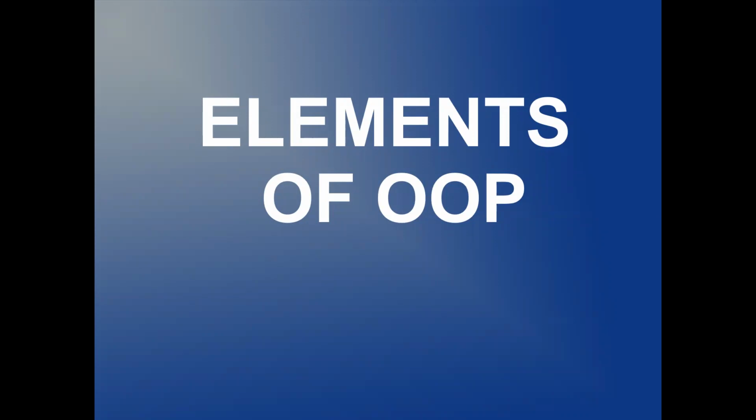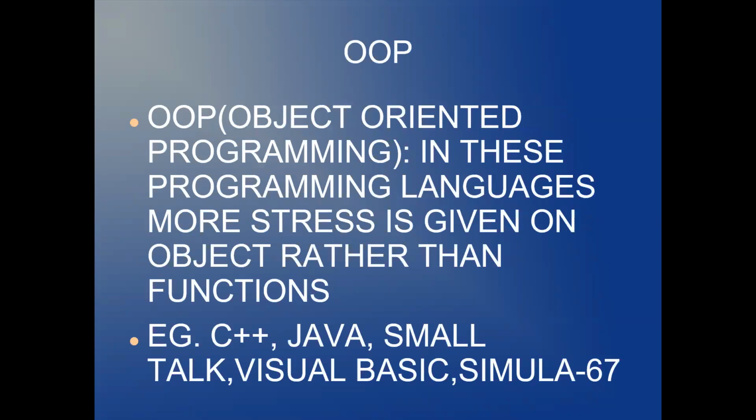In this video, we'll discuss the various elements of OOP. As you all know, object-oriented programming is a programming paradigm in which we give more stress on objects rather than functions. In object-oriented programming languages like Java and C++, more stress is given on objects rather than functions.